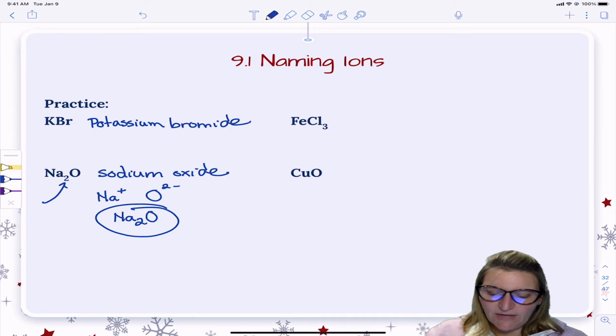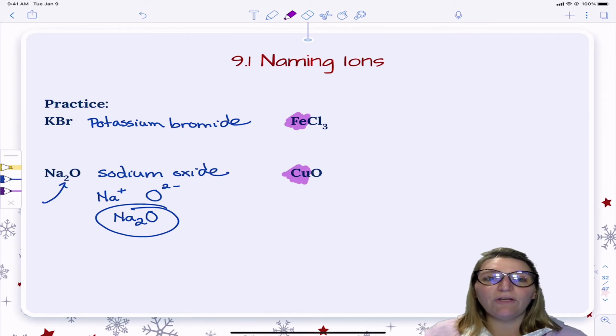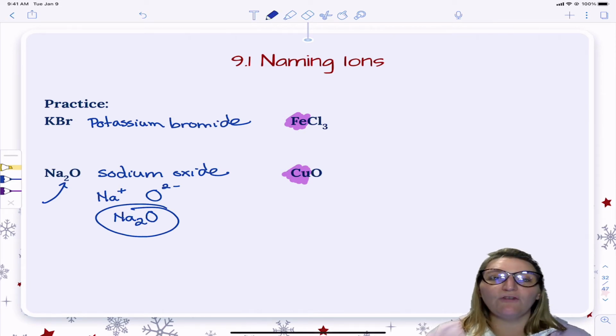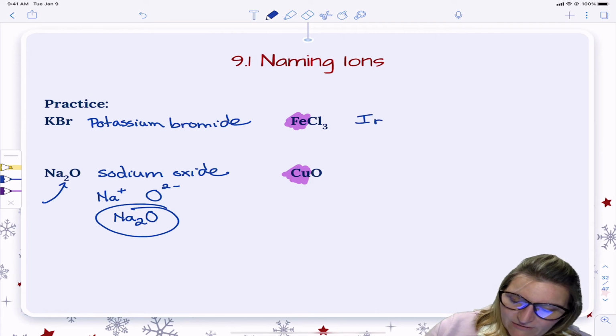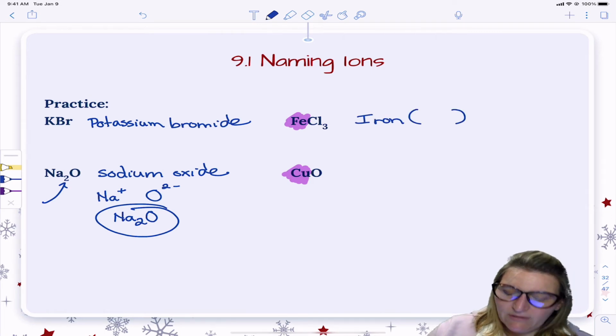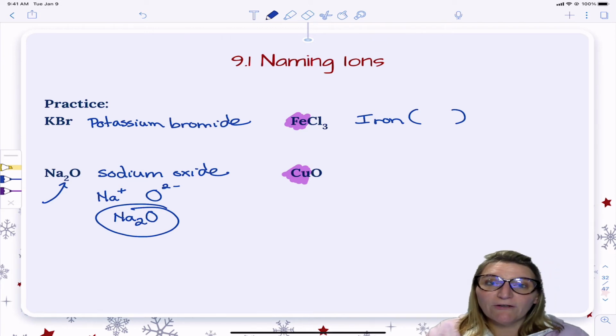And then if I move on to FeCl3, I need to remember, and this is where it gets tricky, I need to know the transition metals so that I can recognize them, because when I see a transition metal, I need to realize I'm going to need to use a Roman numeral. So this would be iron, and then a Roman numeral depicting the charge. Now I'm going to have to almost reverse engineer, reverse crisscross this to figure out what was the charge on the iron.